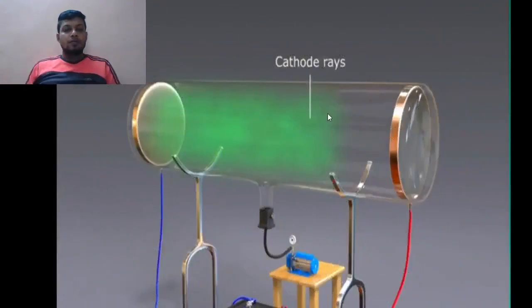So what J.J. Thomson did was assume that these rays might have negatively charged particles. That's why they got attracted towards the positive plate. He later named them electrons.